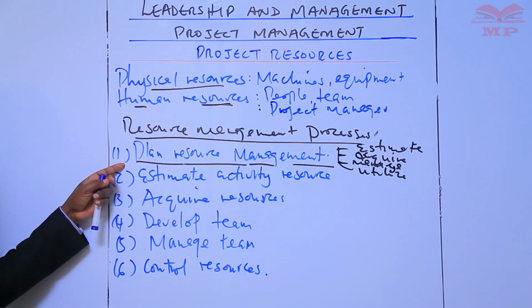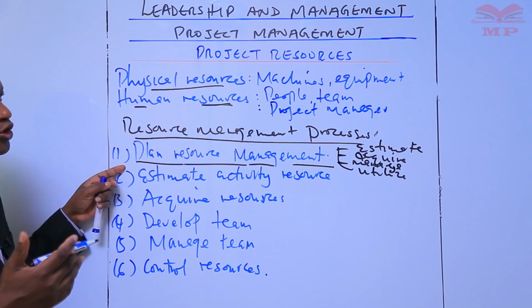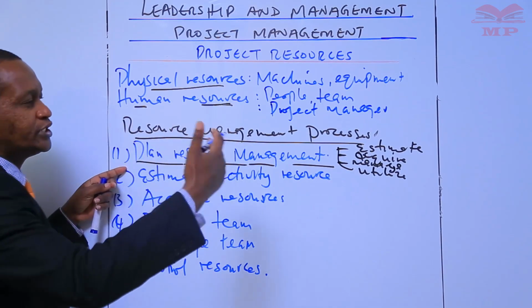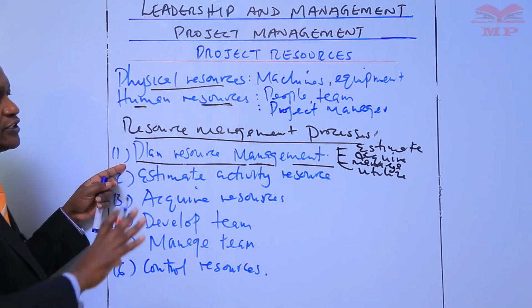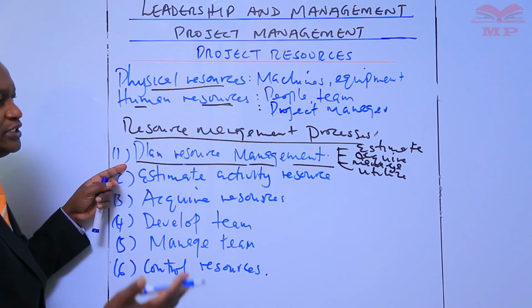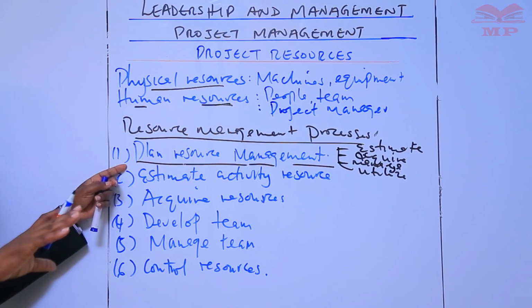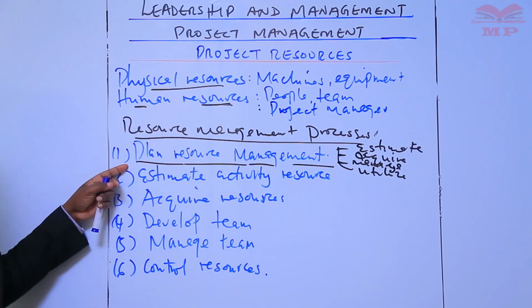The process is performed once or at predefined points in the project, because we know a project has a life cycle. So plan resource management can be done at the initial stage or at any defined stage in the project life cycle.